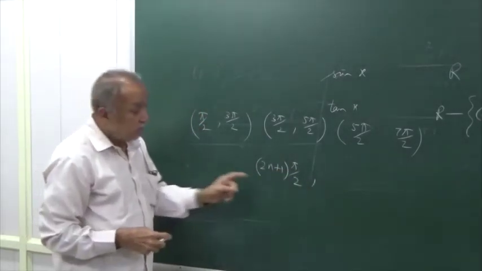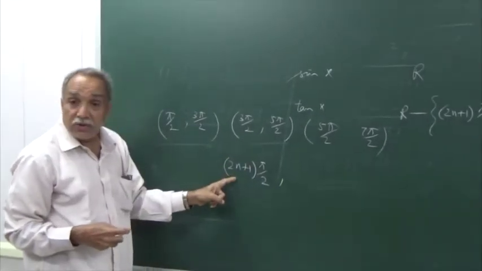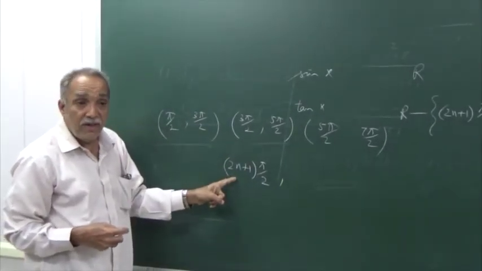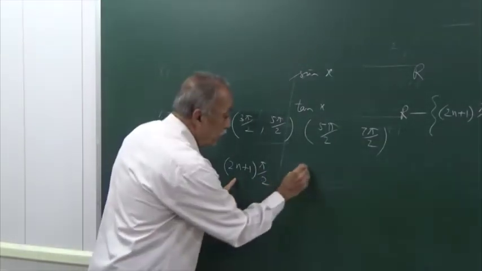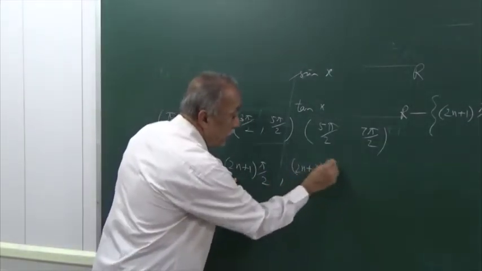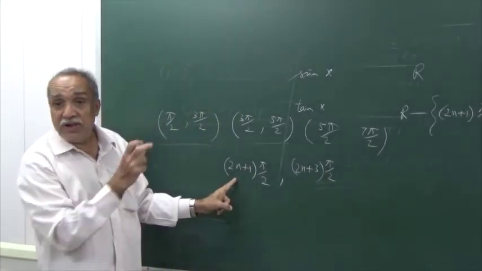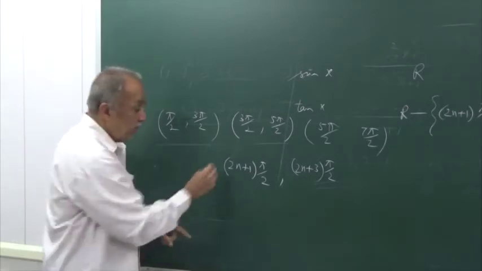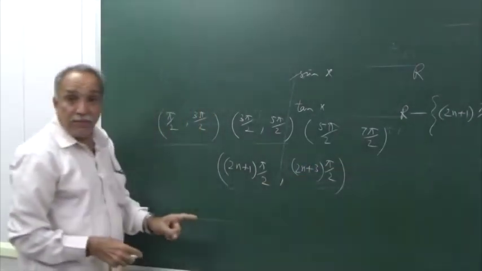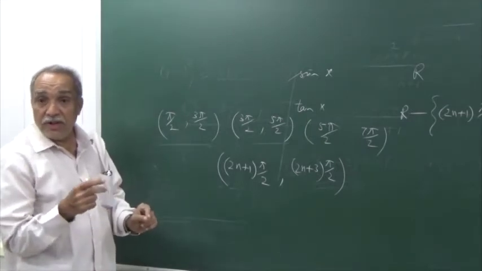Okay. Next end point of the interval starting at 2n plus 1 pi by 2 will be, interval length is pi, therefore 2n plus 3 pi by 2 will be the end point of the interval. This is a representative interval belonging to my domain. I have to consider all possible open intervals of this type, where n ranges over the set of integers.